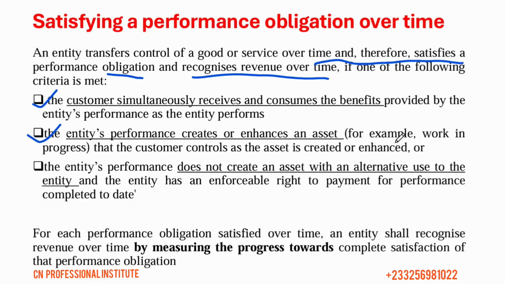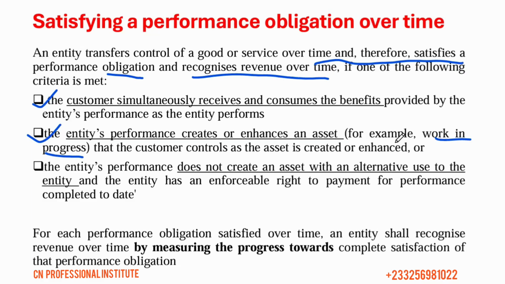Then it says two, the entity's performance creates or enhances an asset, for example, work in progress. That's what I've talked about. Example, work in progress. So as you build for your customer, it takes some time for the building to get ready. As you build for the customer, you create an asset. It says the entity's performance creates or enhances an asset.